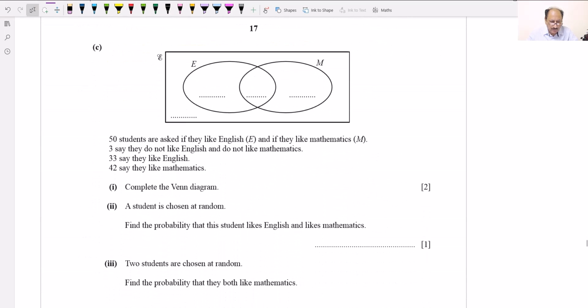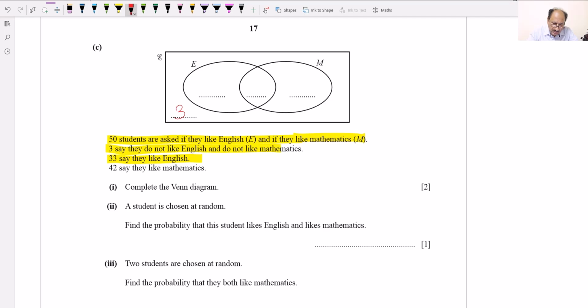Now C part says the Venn diagram is incomplete. Venn diagram is given. 50 students are asked if they like English and if they like mathematics. 3 say they do not like English and do not like math. So 3 are outside. 33 say they like English.